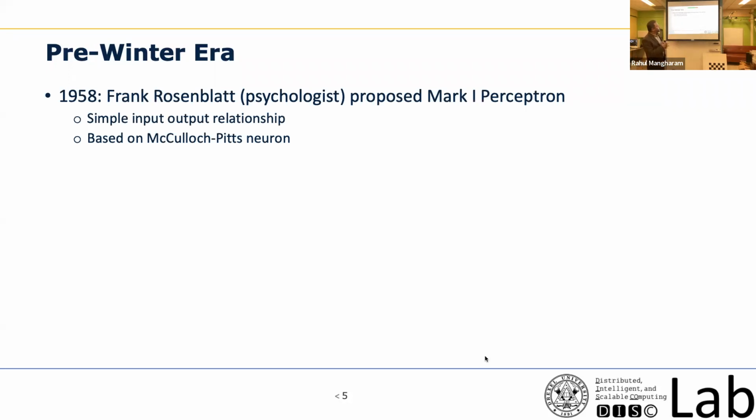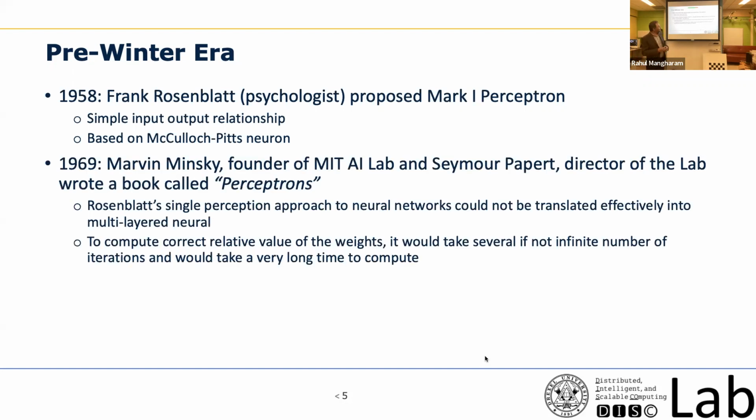Then, of course, we all know quite some development happened, and one of the most prominent was when Rosenblatt proposed the perceptron model. But those perceptron models are simple input-output relationships. And as we all know, in 1969, Minsky and Papert proposed the famous paper where they showed that you cannot really train a perceptron model without going into the infinite number of iterations required.